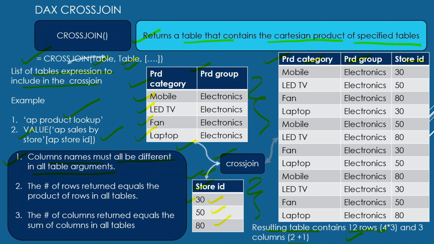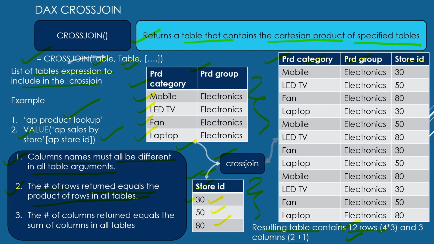Column names must not be the same. The second point is the number of rows returned equals the product of rows in all the tables. We have just discussed why 12 rows are coming. The number of rows would be the product of the rows present in those particular tables.